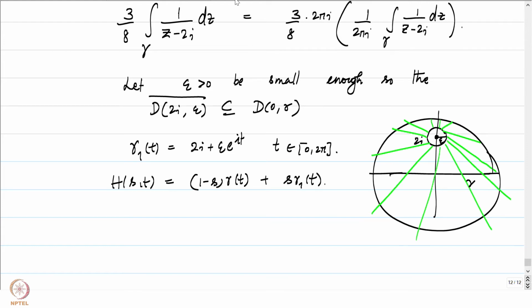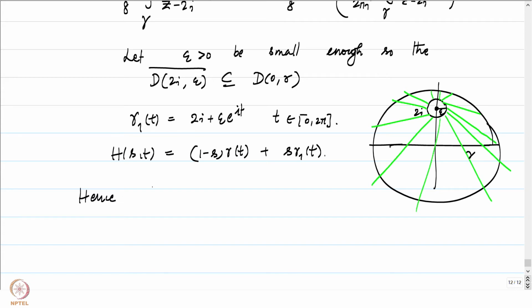So notice that we would like our curve gamma to be homotopic to gamma 1 in C minus the point z0. In this case, z0 is 2i. So if you look at h of s comma t in this manner, this is precisely what is being captured. These are the straight line homotopies that we have. And by applying the Cauchy integral formula, integral over gamma is going to be equal to, hence, 1 by 2 pi I integral over gamma of f of z by z minus 2i dz, where f of z in this case is just 1.